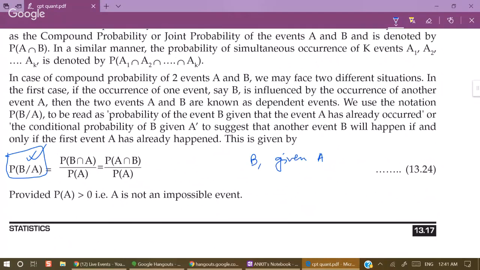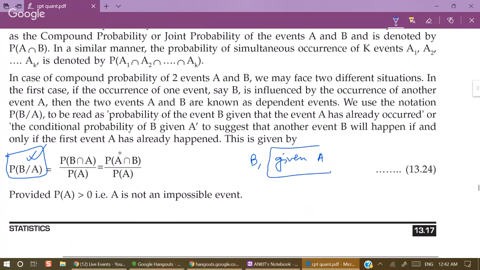People read it like B given A. It is completely wrong. You must pronounce it as probability of B given A. Given A means A is occurring definitely, or A will occur definitely, or A has already occurred.